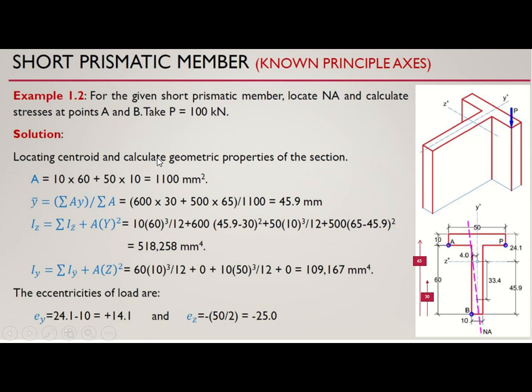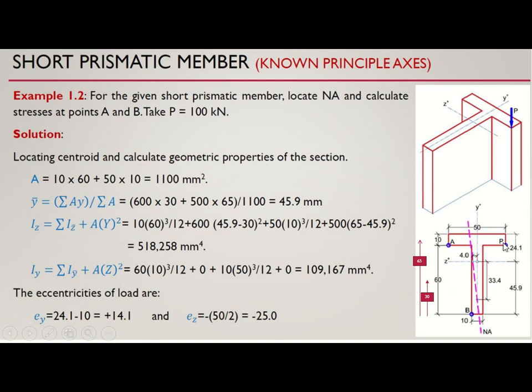So initially we find the area. We know the area is 60 into 10 and 10 into 50. So simply, y bar is the centroid. How can we calculate the centroid?